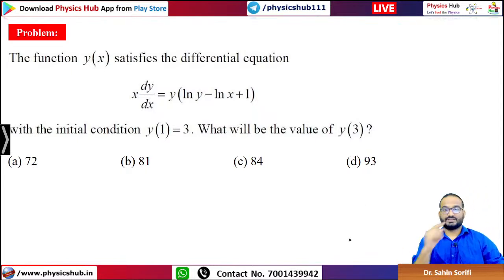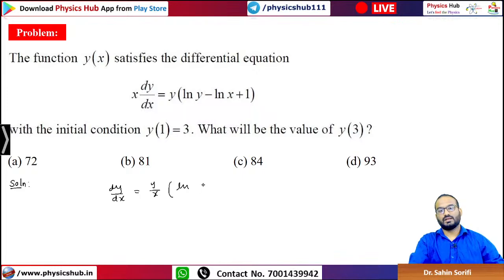What is given to us? x dy/dx equals this. So dy/dx equals y by x times ln(y/x) plus 1.